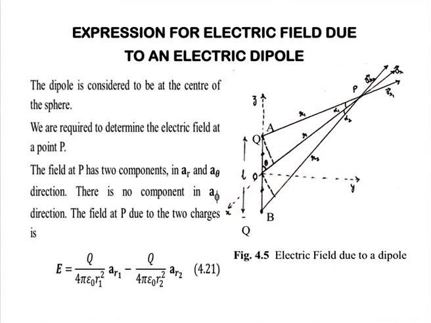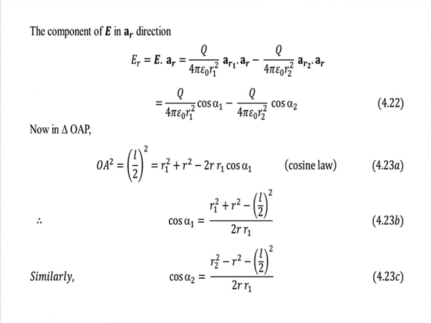There is no component in the A phi direction. The field at P due to the two point charges is given by equation 4.21, that is E is equal to q upon 4 pi epsilon naught r1 square into AR1 minus q upon 4 pi epsilon naught r2 square into AR2. The component of E in the AR direction is given by equation 4.22.